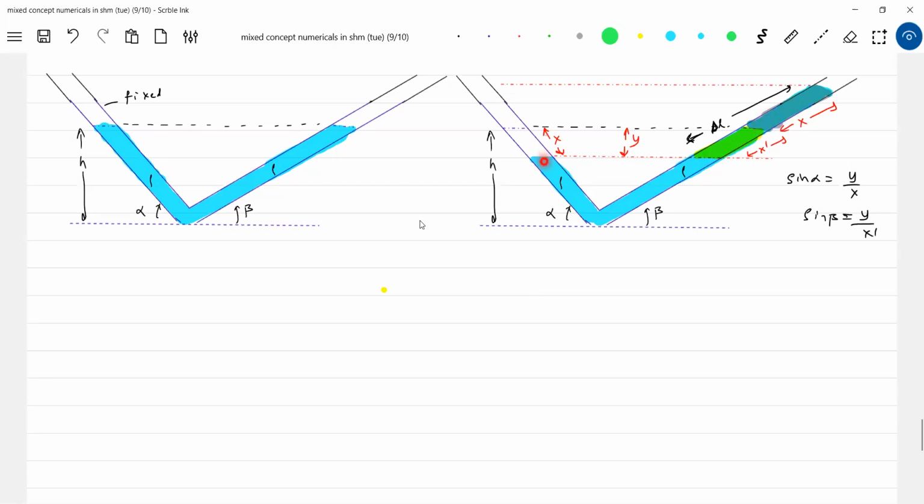You can see the weight of this one and the weight of this one. So the weight of this particular column will become a restoring force.